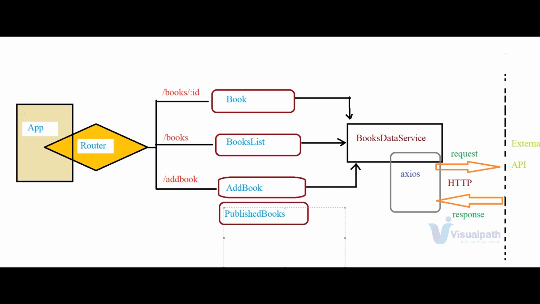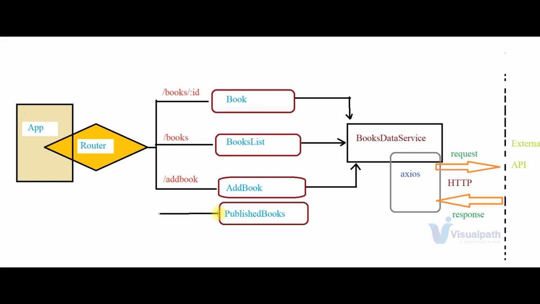So the component name is published books component, and for this routing should also be there, right? The routing enabled one is simply books slash published here, or published directly.